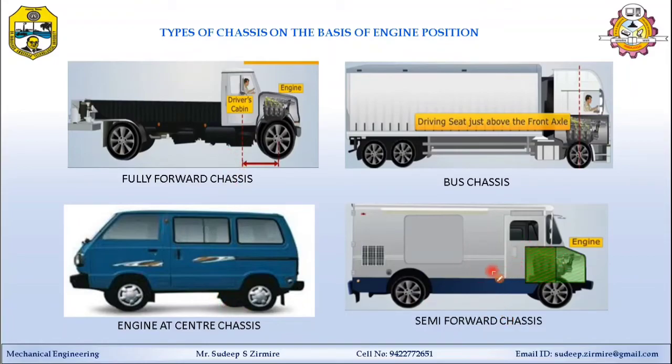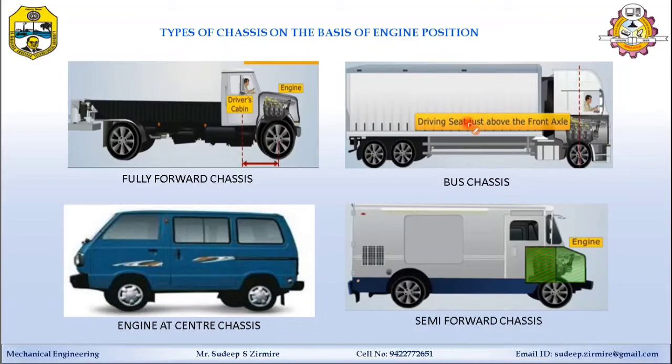Second one is the semi forward chassis. In this chassis, the engine is mounted half in the driver compartment and the remaining half outside the driver compartment. Extra space is given for passengers and luggage inside the driver cabin. Examples are the ambulance, school bus or tempos.